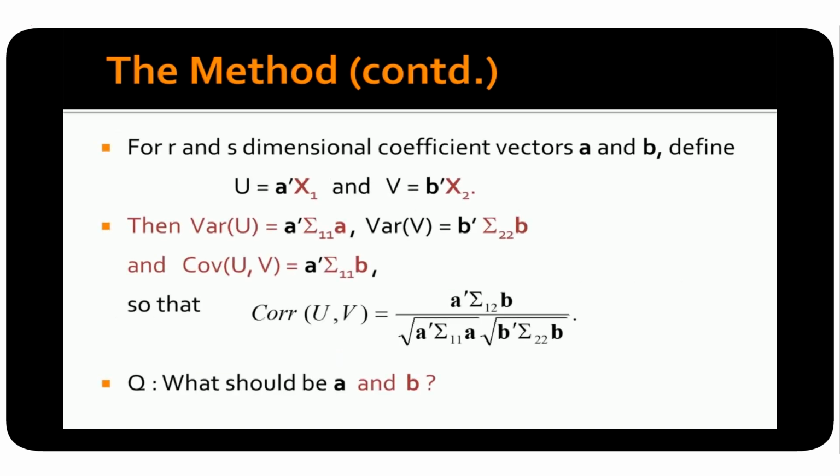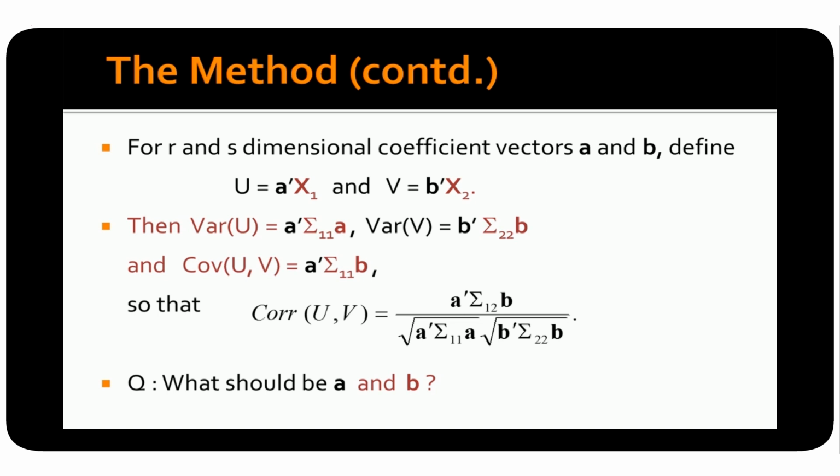How to do this? Let's begin by assuming that we take a linear combination of x1 through a coefficient vector a. So we have u equal to a prime x1. Mind you, u is a scalar. So x1 is a vector, a is a coefficient vector, and a prime x1 gives us a scalar, which is a linear combination of the x's elements in the first set.